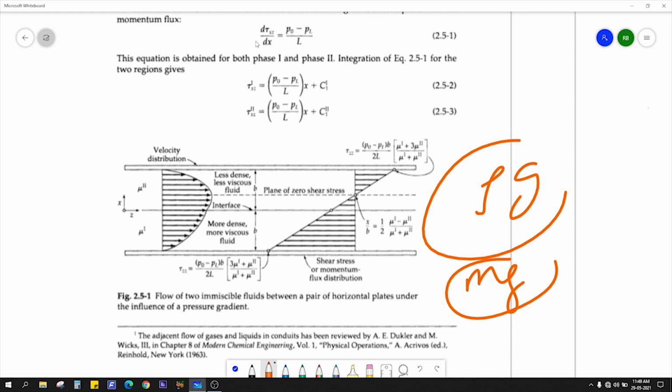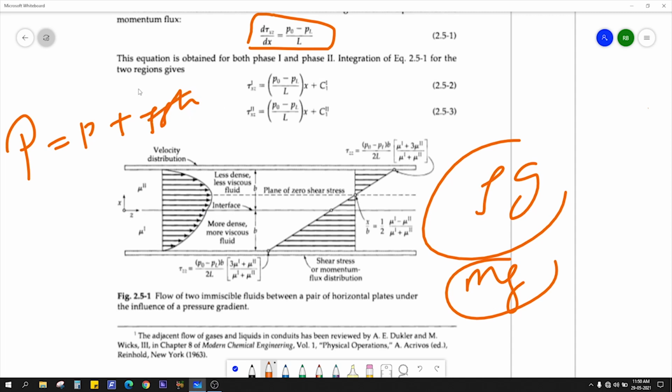If you see here, the pressure difference is P naught minus PL. Earlier we used the modified pressure, which was P plus rho g h if you take the upward direction. Here the height will be the same, since Z is passing through the central line, so you can safely assume that the height is the same or 0.